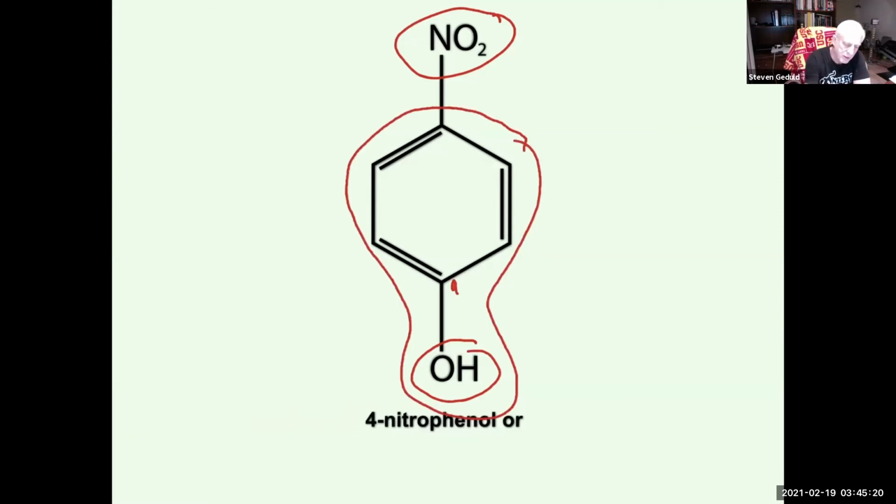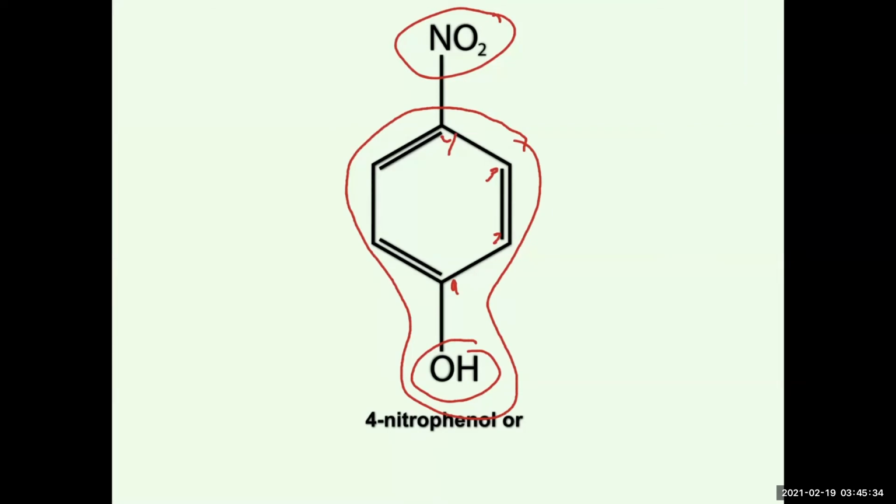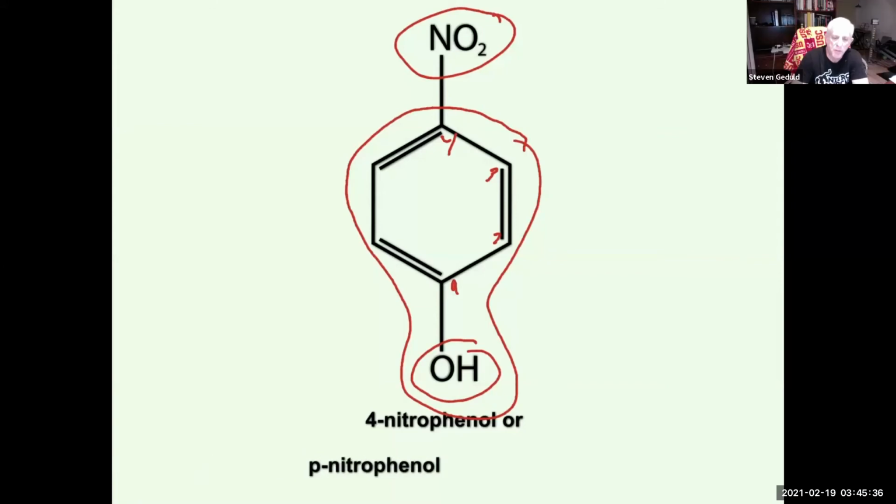And this is at 1, 2, 3, 4. So 4-nitrophenol, or what relationship? Is it ortho, para, or meta? Para. So it could be para-nitrophenol instead of 4-nitrophenol, because that tells you it's the 1-4 relationship.